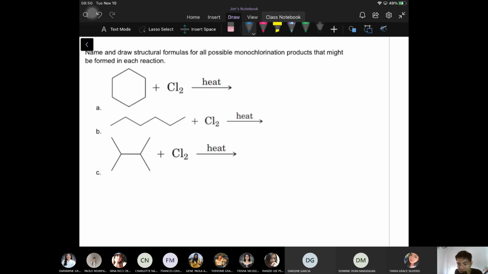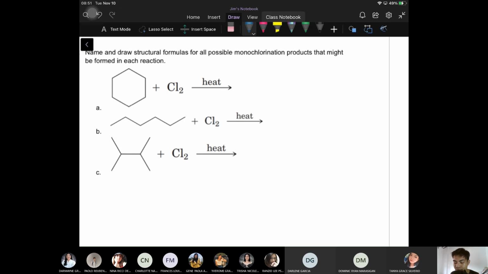Sila yung halides. So, nangyayari, kapag monochlorination product is ganito. Yung hydrogen, papalitan siya ng isang chlorine or ng bromine or ng iodine. So, magkakaroon na ng substitution between hydrogen and the halogen.